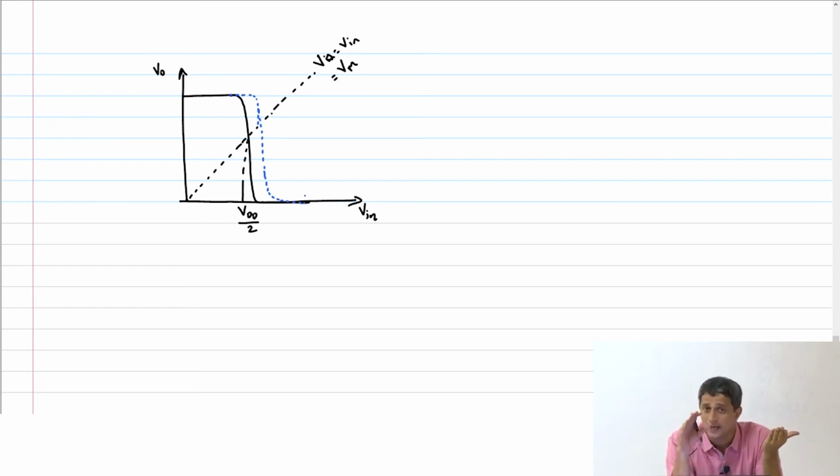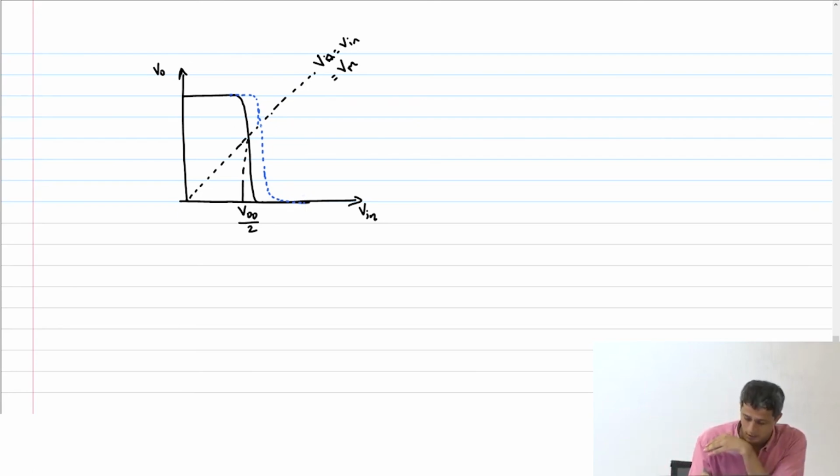That means my VDS can come down, right? I don't need higher VDS to get the same current. So therefore the VDS has to drop. That means the Vout will go closer to VDD, right? And that's what we are seeing here.